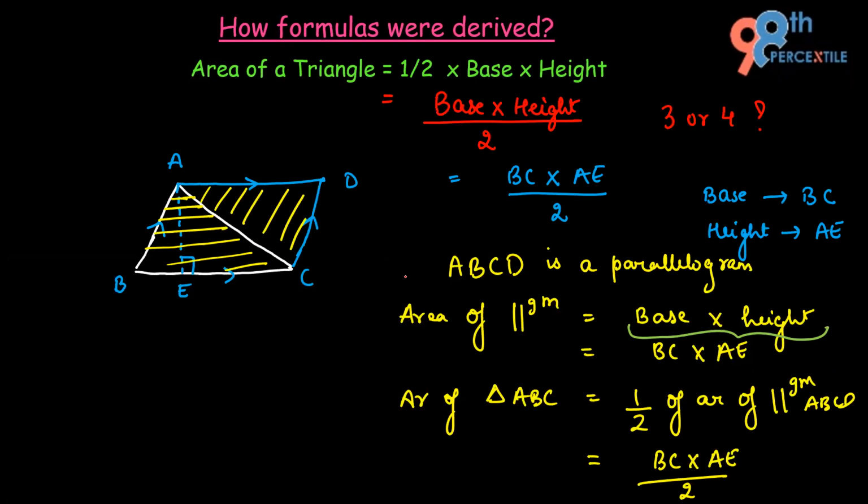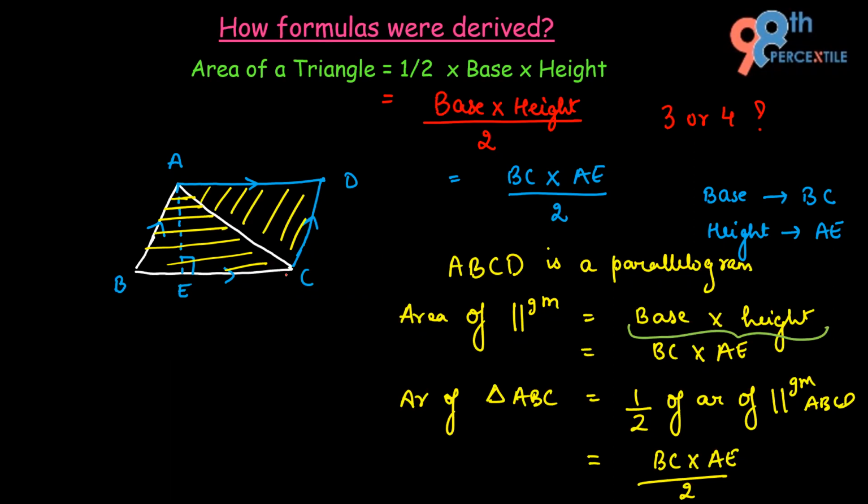In our first part, we saw why the area of a triangle is base times height divided by 2, or half times base times height. We saw that any triangle divides a parallelogram.